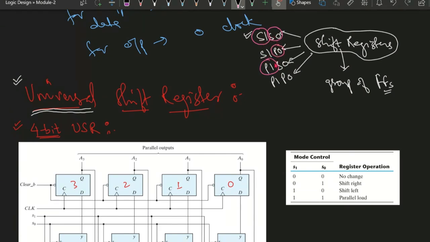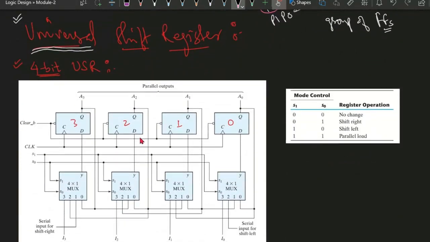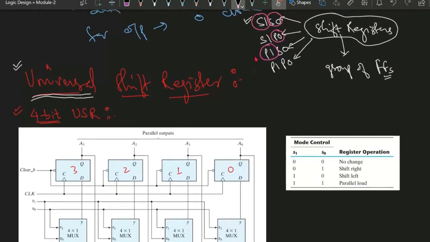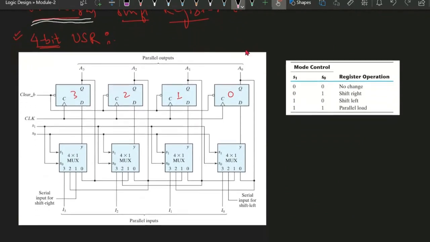So these 4 categories need to be implemented by this circuit. One by one we will look at how it is going to work as shift registers, like serial in, serial out, serial in, parallel out, and basically how it is shifting.